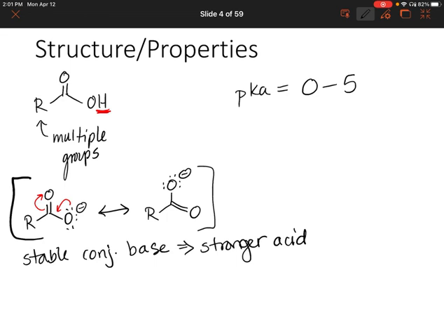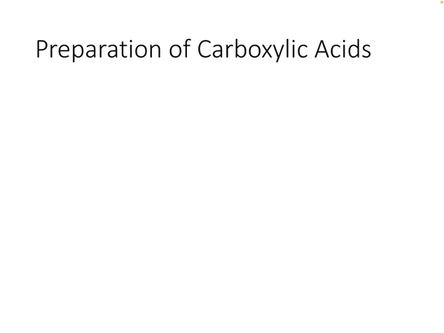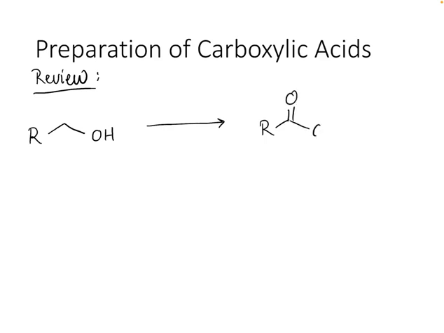Let's review how to prepare carboxylic acids. This is information we've already learned. One way is to start with a primary alcohol, and then you can form a carboxylic acid.